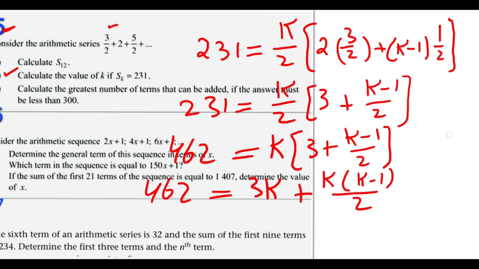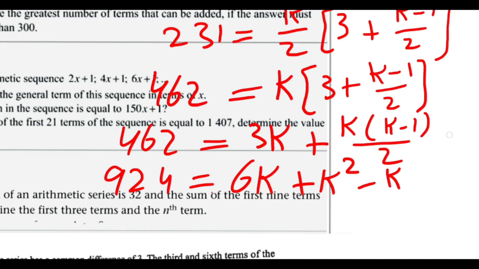So multiply 2 again to clear the remaining fraction. So 462 times 2 becomes 924, and this becomes 6k, plus k times (k minus 1). You multiply k inside, k squared minus k. So the k squared becomes plus 5k, and I pull over this side, becomes negative 924 is equal to 0.